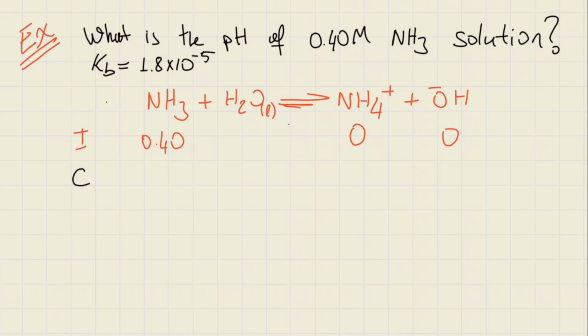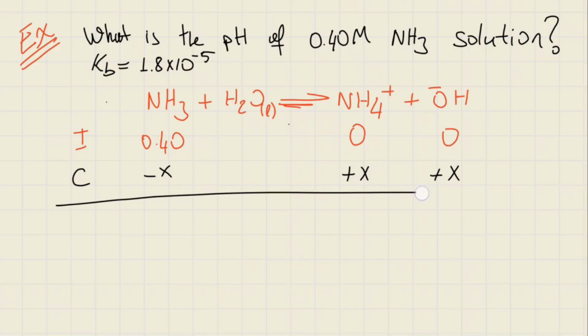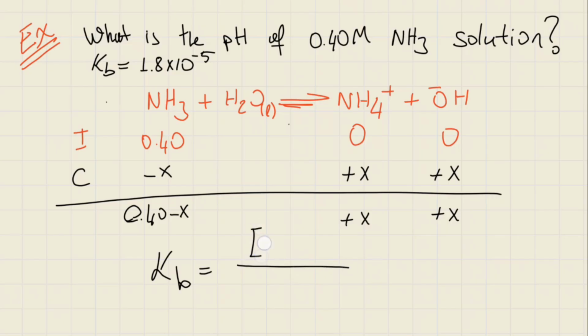And the change will be minus x. I will produce plus x for each ion. I will add them up. So it is 0.40 minus x, this is plus x, this is plus x. And I will write Kb. So Kb is NH4 plus OH minus over the NH3, right?